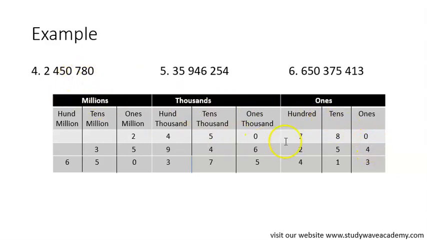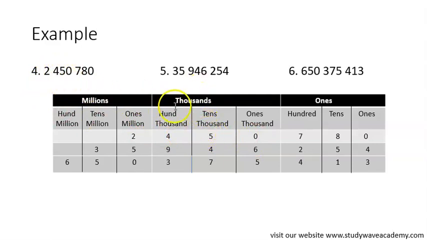And 8 goes under the ones in the tens column. 7 goes under the ones in 100. 0 goes under the ones in 1000. 5 goes under the 10,000 in 1000 column.